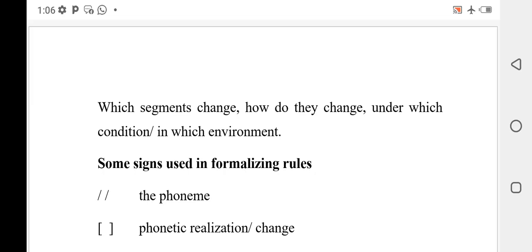So when you have a particular segment enclosed in slash brackets, what we have is that the phoneme is represented.